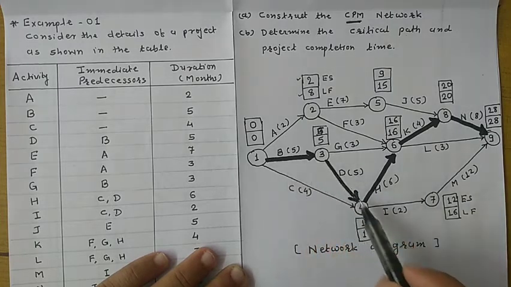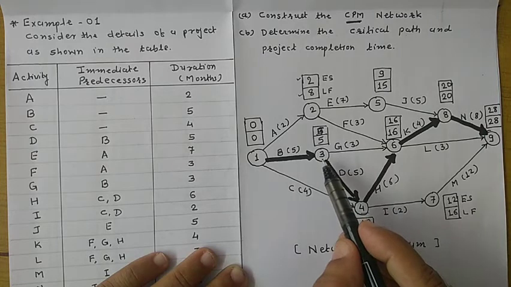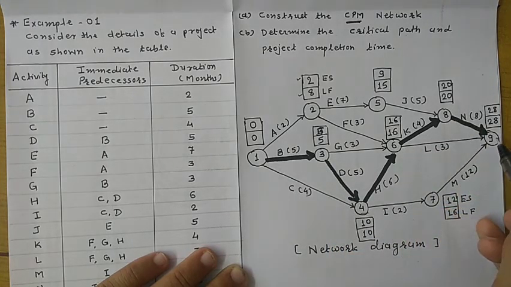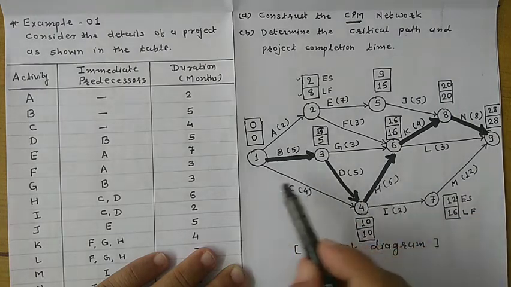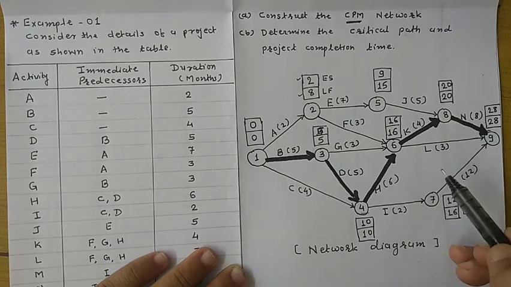This is our critical path: 1 to 3, 3 to 4, 4 to 6, 6 to 8 and 8 to 9, activities B, D, H, K and N.